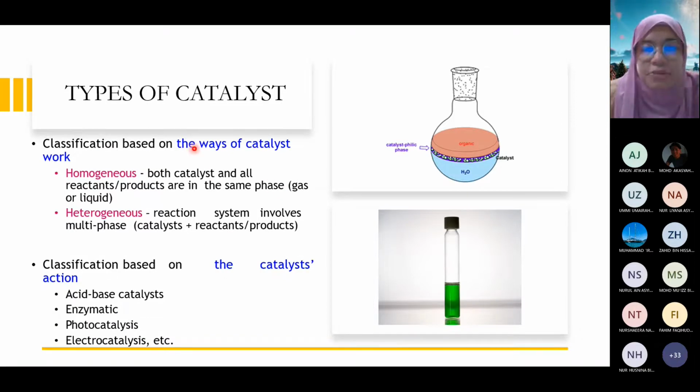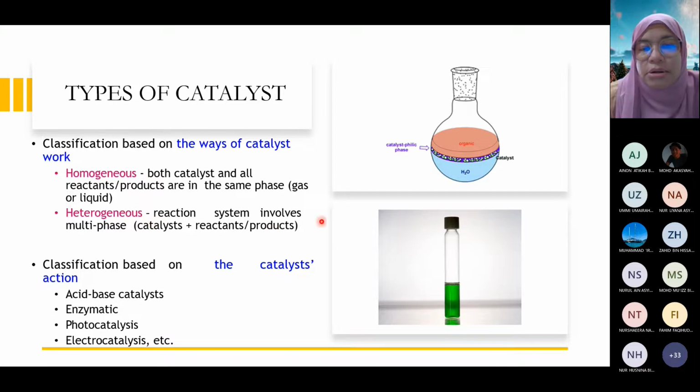So, classification based on the way the catalyst works. What I explained earlier, homogeneous: both catalysts and all reactants or products are in the same phase, gas or liquid. So as I said earlier, if the catalyst is solid, the reactant is liquid, but the solid catalyst can dissolve in the liquid reactant, so it becomes homogeneous.